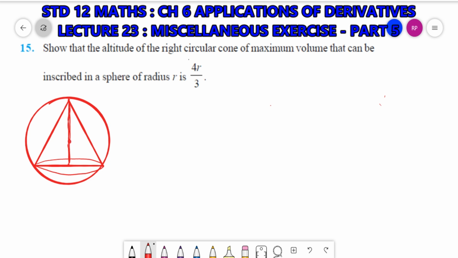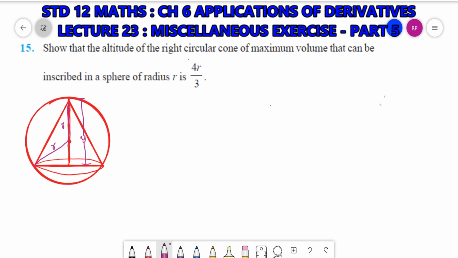So if this is the center point, then this will be the radius r and this will be the radius r. Let the height of the cone be h, or let's say y. This height I will take as y.